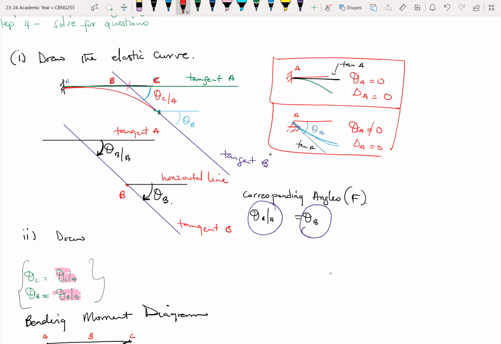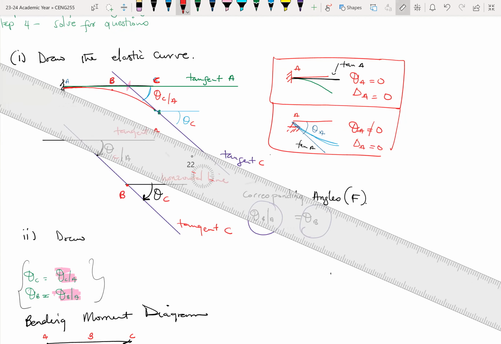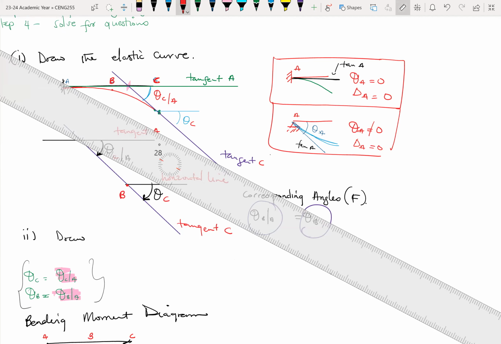And this is my B. I can draw another tangent. So this is theta C, and this is tangent C, just so that everything works. So the theta C, theta CA, just trying to change parameters. It doesn't change anything. So I can draw another tangent at this point. It's going to be an interesting one to draw.